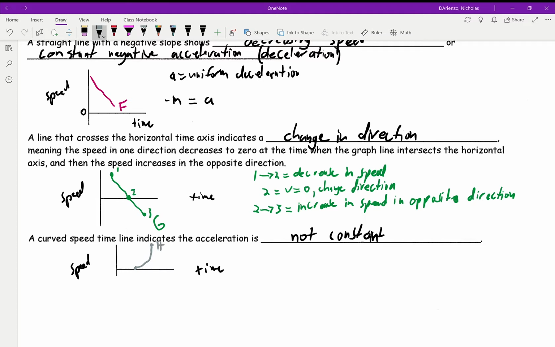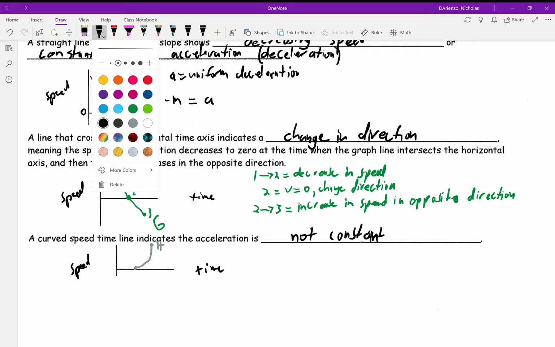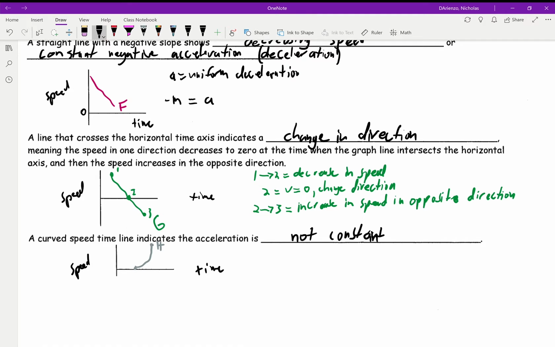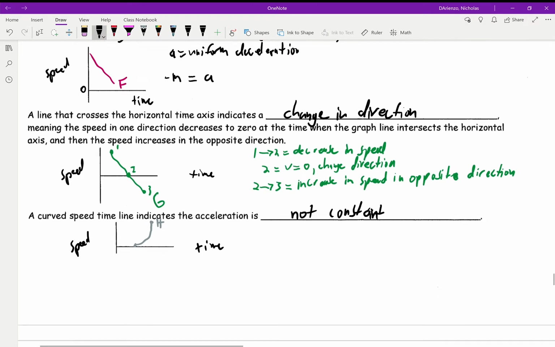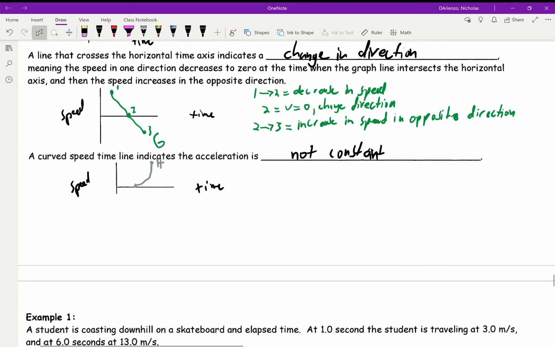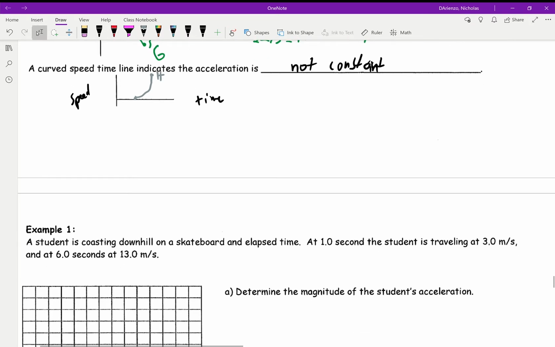This might be H. We're going to see with that curved line, our speed changing not uniformly is going to indicate an increase, in this case, an increase in acceleration.